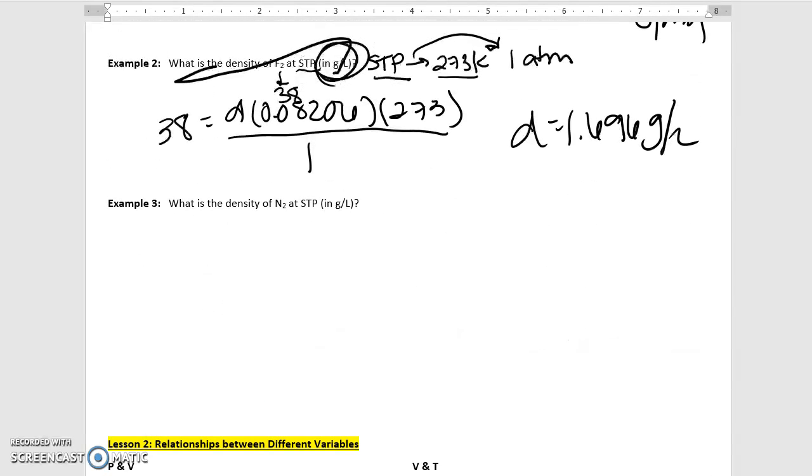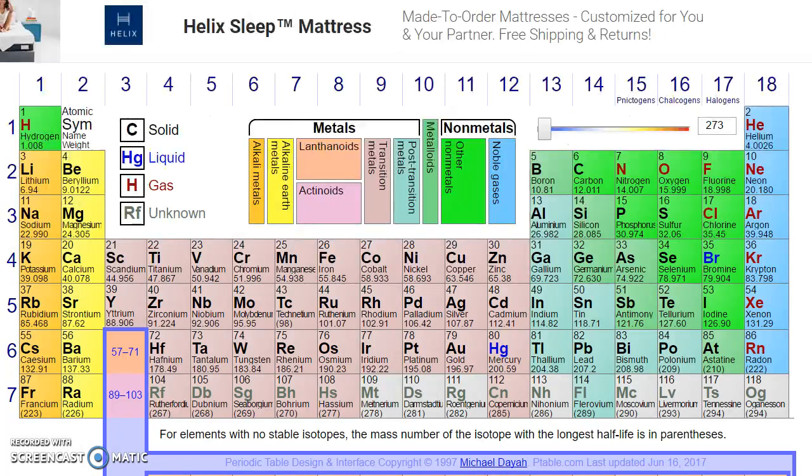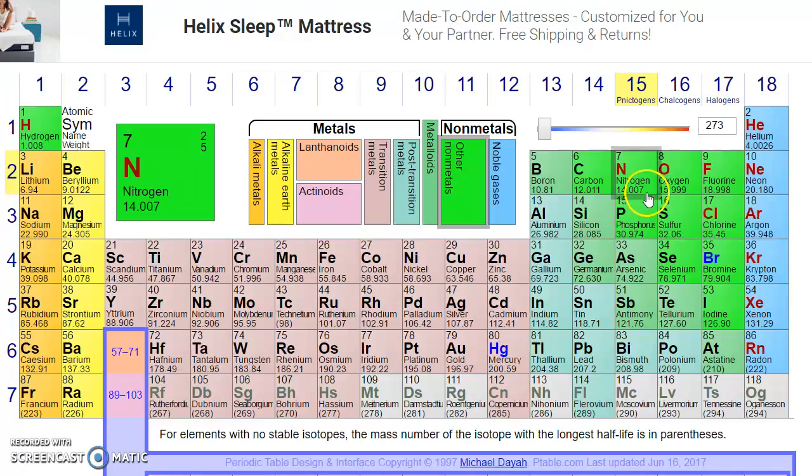All right, let's look at the next problem. What is the density of N2 at STP? You see STP again right away: 273 Kelvin, 1 atmosphere. Now, density of N2, we need to find the molar mass of that again. Looking at the periodic table here, N is right here. The number beneath it is 14 when I round. It's N2, so 2 times 14 is 28.